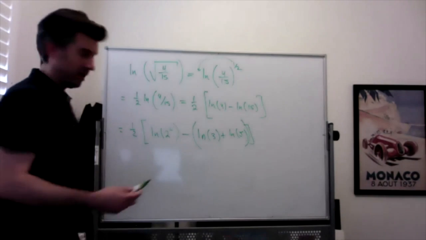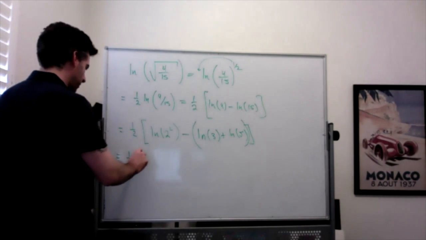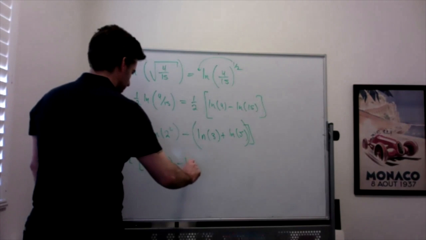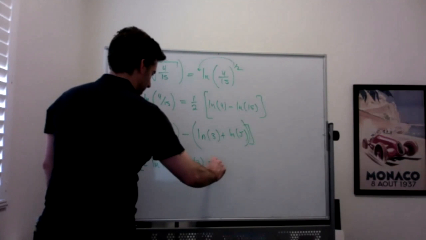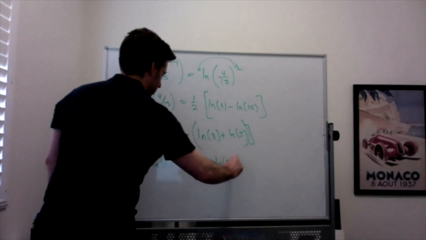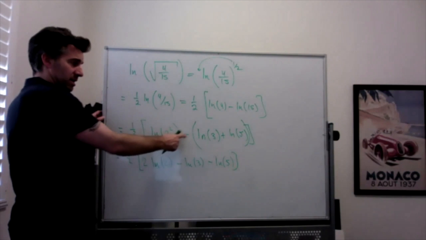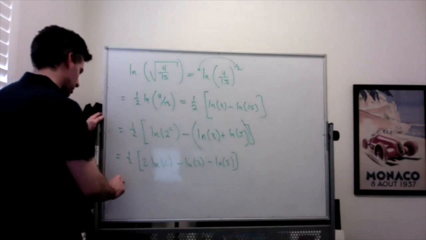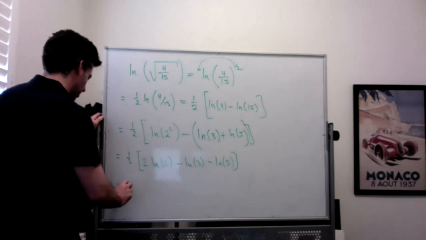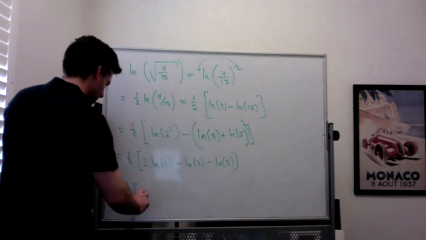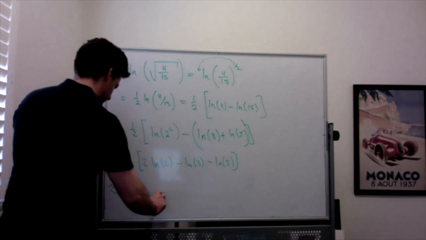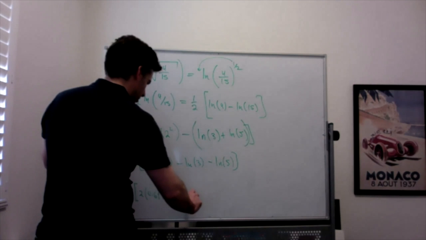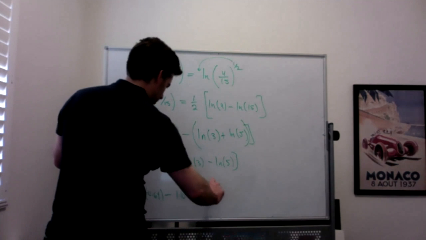So let's do a little more simplifying. This is going to be 1/2 times 2 natural log of 2 minus natural log of 3 minus natural log of 5, because I'm distributing that minus sign to each of those things there. So then I'm going to get approximately 1/2 times 2 times 0.69 minus 1.10 minus 1.61.